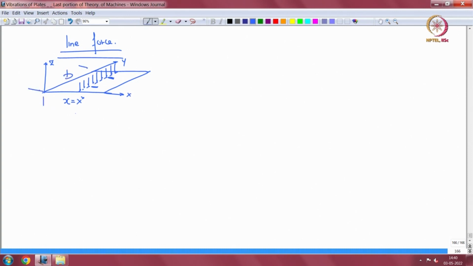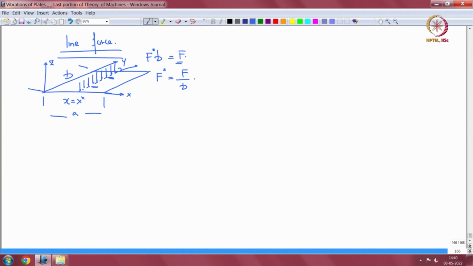Now, it is a uniform force. So, let us say it is F star per unit length, and therefore, F star into b is the full force. Okay. So, let us take F star as F over b. So, already one length has been taken out.